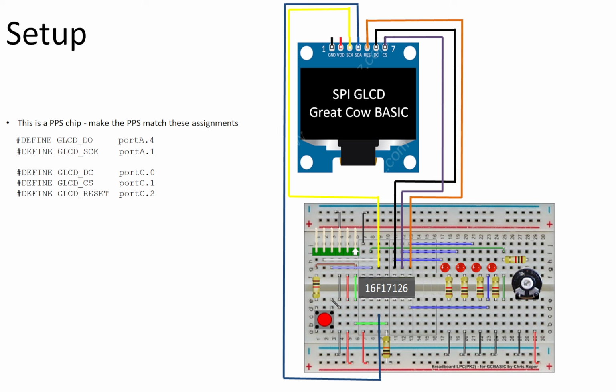Then there are 3 other lines: the DC line or GLCD underscore DC, which is the data or command line. You send data or command, and depending on the state of that line, the GLCD knows what to do. We have the chip select, and we have a reset line. This particular one needs a reset line.